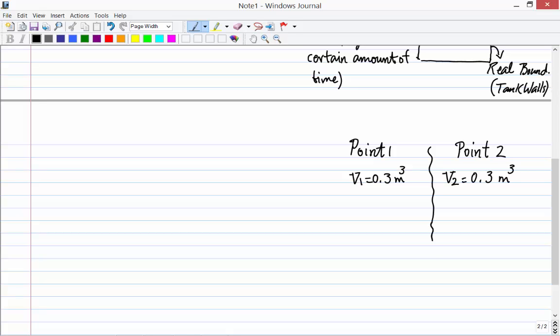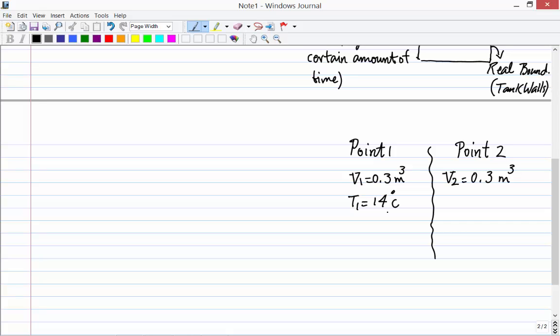Therefore, I'm gonna have the same volumes. And then it says that the temperature is 14 degrees C initially. At this state, 55% of mass is in the vapor phase.